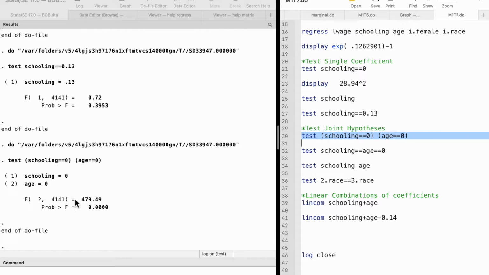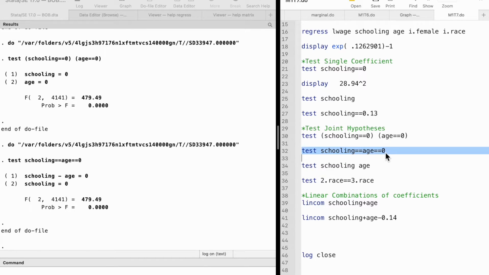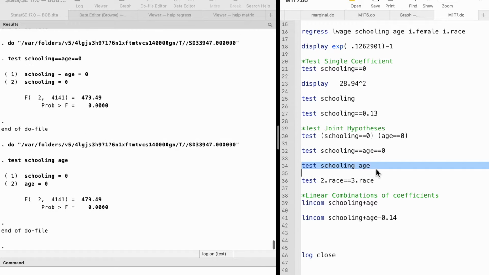An alternative method to specify simultaneous hypotheses is to use multiple equality operators. Or we can just type the variables one by one after the test command. We reject the null hypothesis that the schooling and age coefficients are jointly zero at the 0.1% significance level.